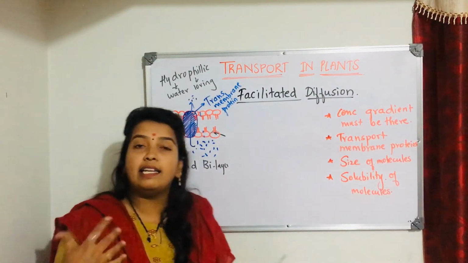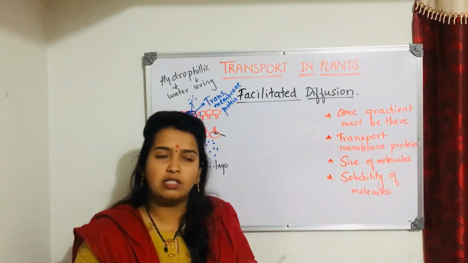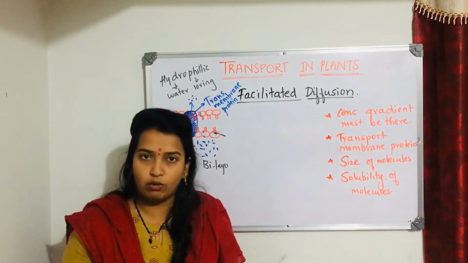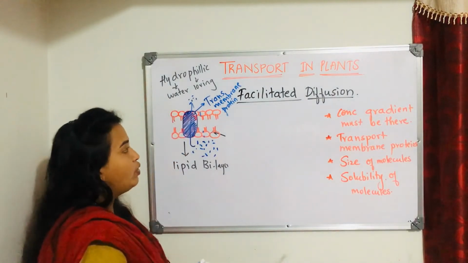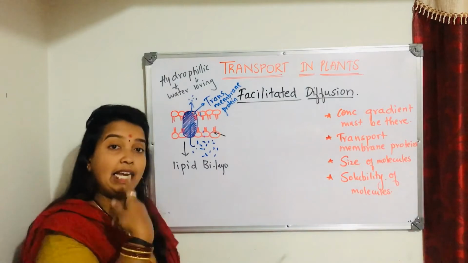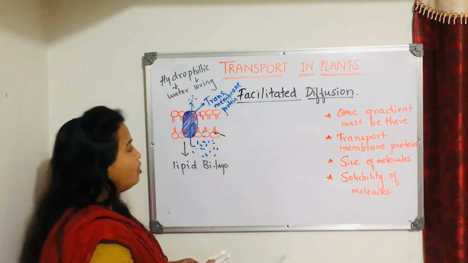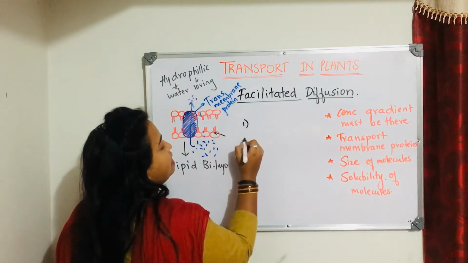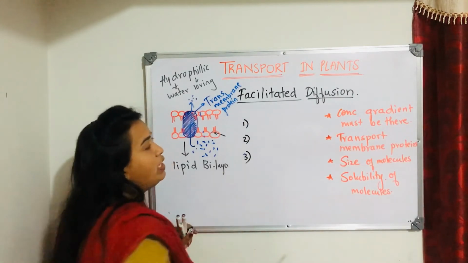Now, the characteristics of facilitated diffusion are again the same as the diffusion process only. Same characters you can write here also. But the thing you need to remember is, there are three important terms here which are not there in simple diffusion. Those three important terms, please remember, we call it 3S.